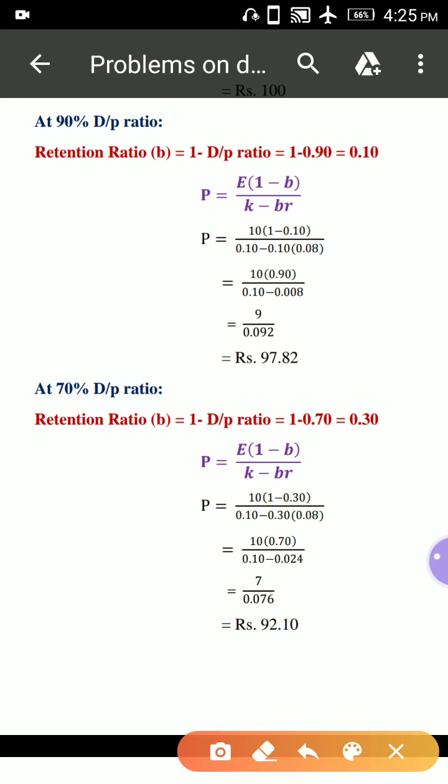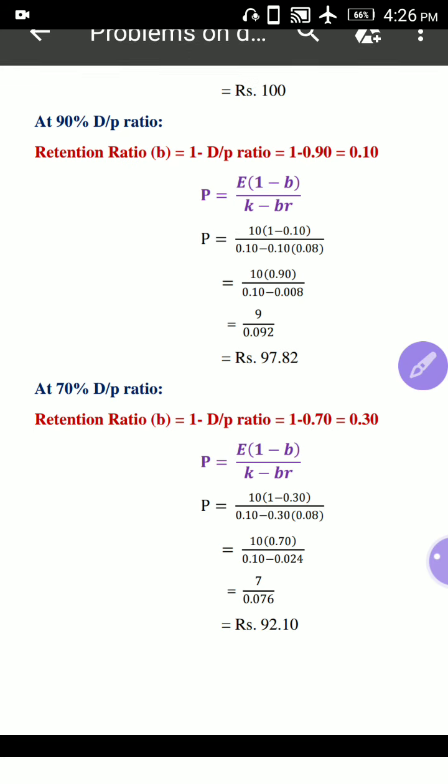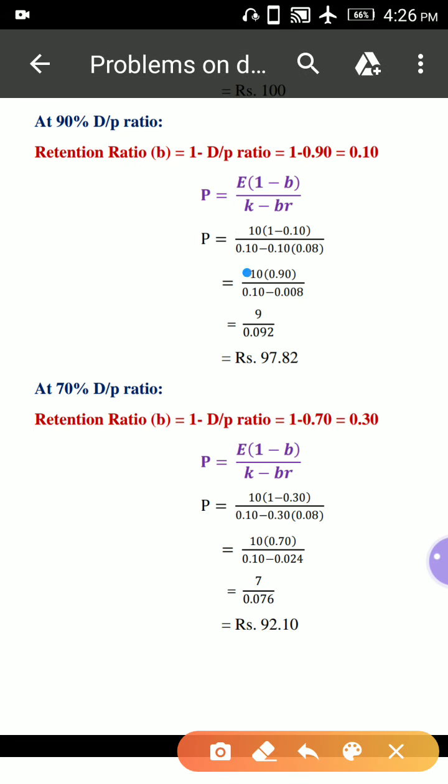Now 10 into 0.90, divided by 0.10 minus 0.10 into 0.08, that is equal to 0.008. And 10 into 0.90 is equal to 9.